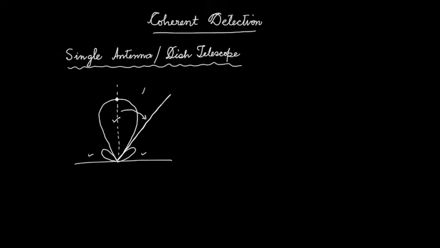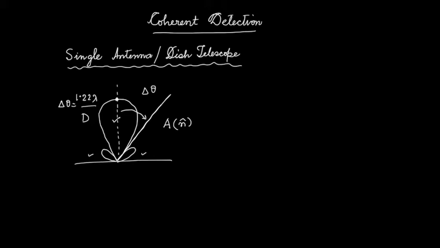This if I call delta theta, then if you remember, delta theta was given by, for a circular aperture, 1.22 lambda by the diameter of the dish. This pattern we called A as a function of the direction n cap. So this is the directional sensitivity of the dish.